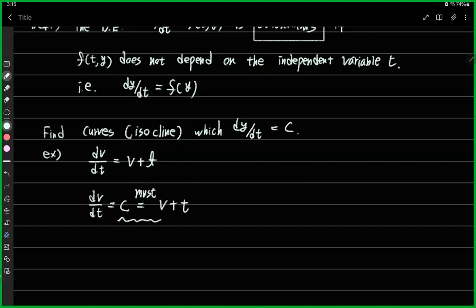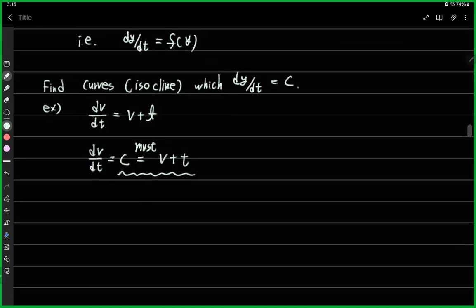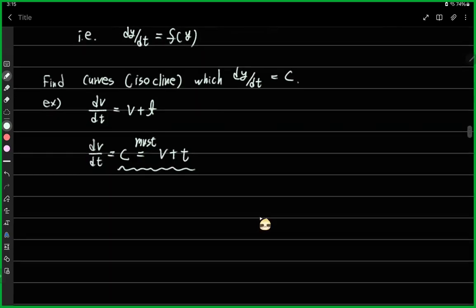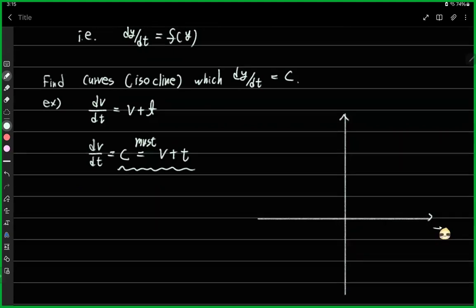So c equals v plus t. Now we're going to draw the lines. This is t, and this is v. Then we set c equals 0, c equals 1, c equals 2, and so on. When c equals 0, we get v plus t equals 0, right?